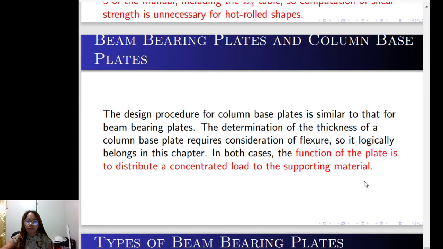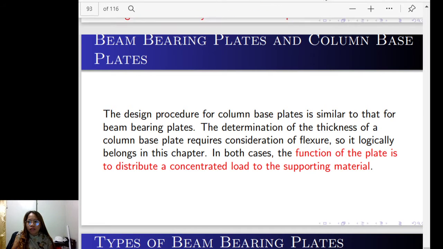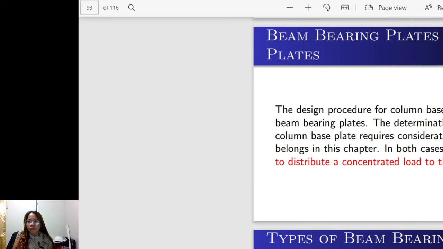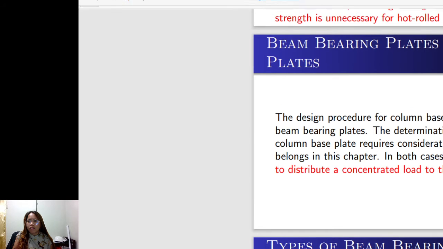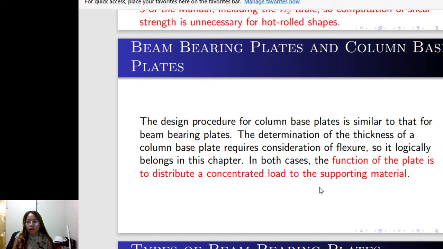So you have here the beam, this is the wide flange beam, and this is the concrete column.